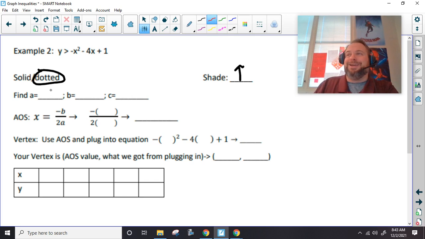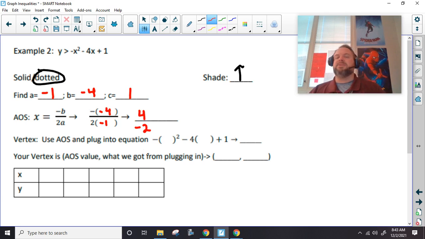So what is our A right here for this one? Good. -1. What is our B? -4. What is our C? 1. Okay. So we plug stuff in. What is 4 divided by -2?